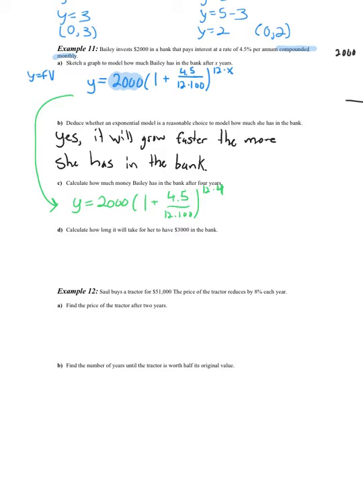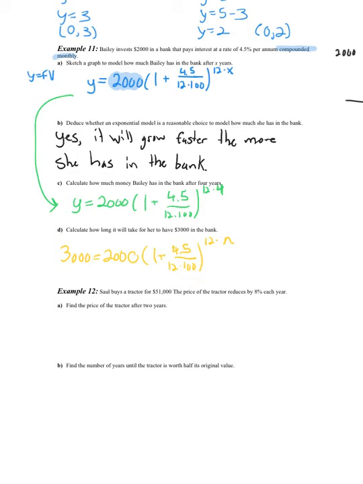Okay. And then that finance program will actually be useful for the last problem because now it's saying how long will it take to get to $3,000. So in that problem, you can set it up the other way. Instead of having to use logarithms to solve, you could set this up in your calculator.